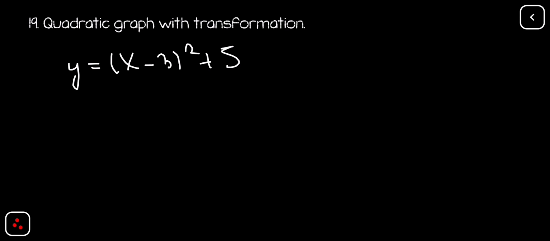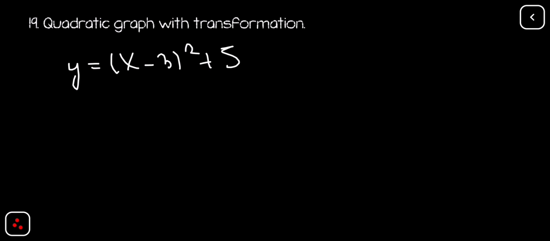Topic number 19 is quadratic graph transformation, and we have y is equal to (x minus 3) whole squared plus 5. In this type of question, they will ask you for the vertex, the direction, and the transformation. So let's start with the vertex.